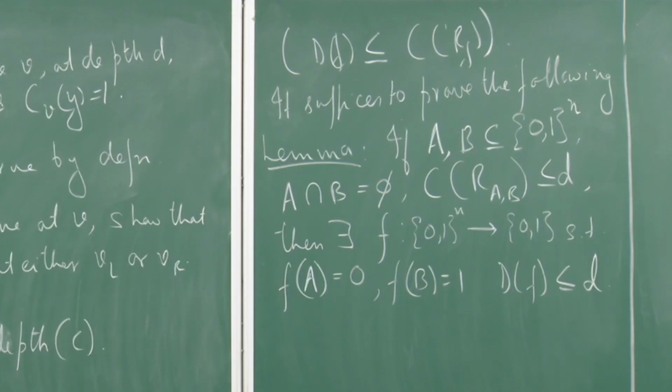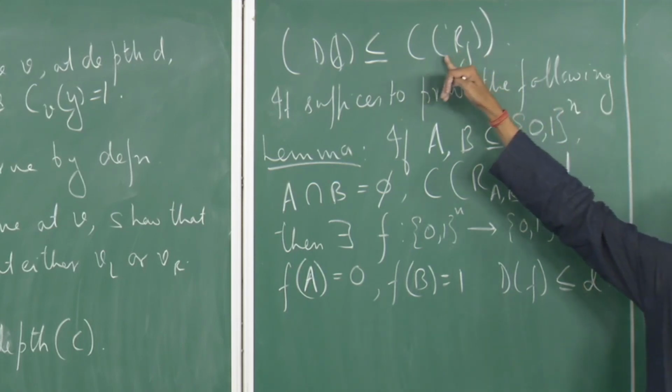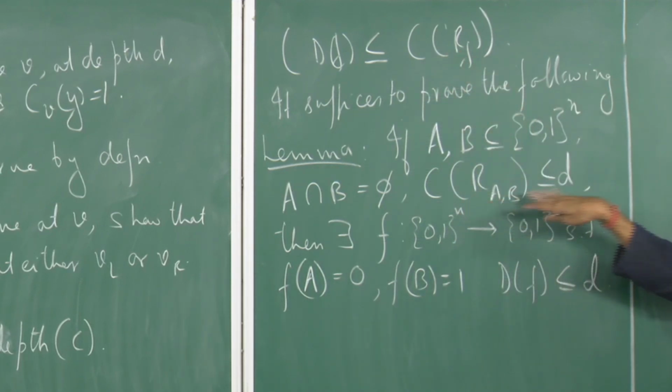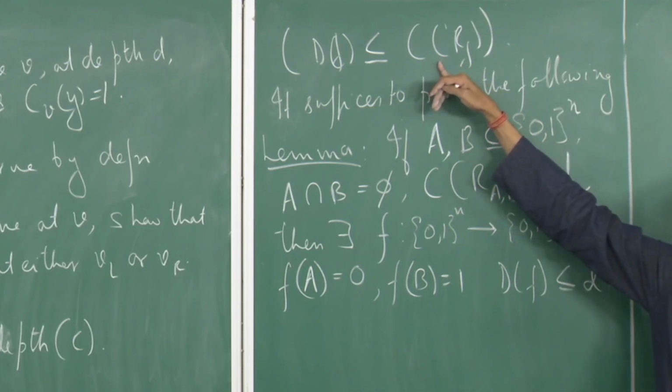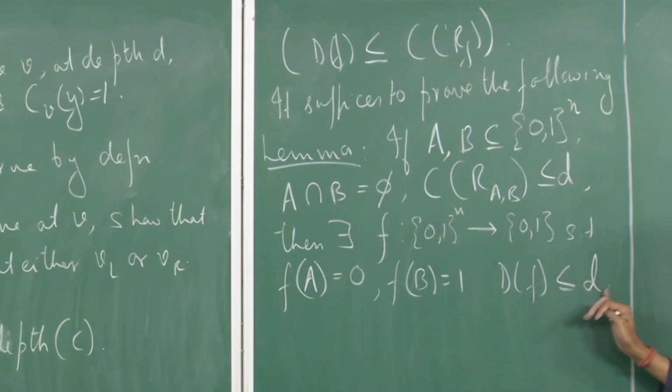So let's just spend a moment and understand how this lemma gives us this inequality. First of all, if C of Rf is less than d implies d of f is less than d, then we get this identity, right? If C of Rf is smaller than a quantity d gives us that d of f is smaller than d, then it must be the case that d of f is less than Cr of f.